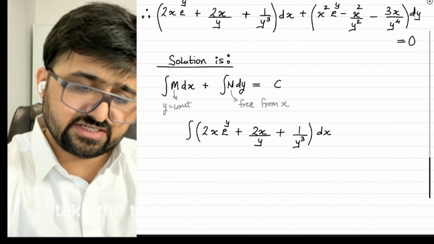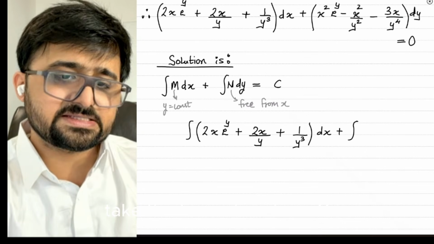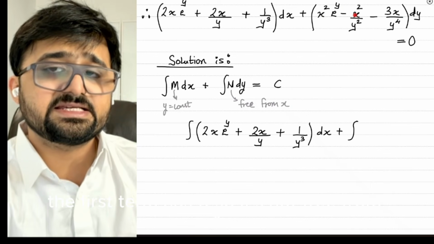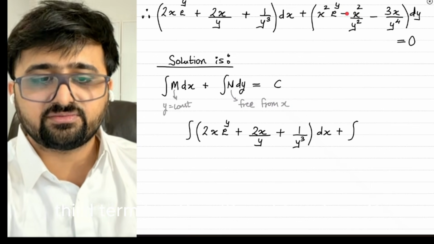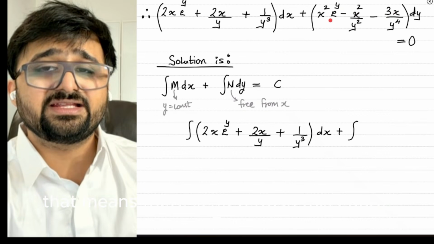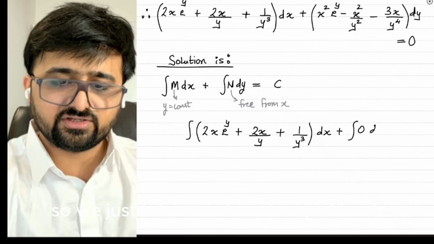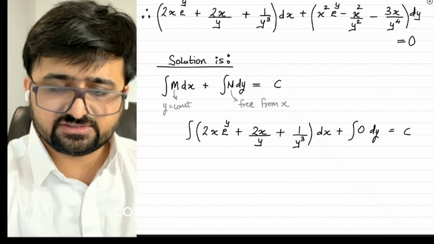Plus integration of only the terms free from x. Is there any term free from x? The first term has x, so it's not free from x. Second term has x, it's not free from x. Third term has x, so it's not free from x. That means there is no term in this entire N which is free from x. So we just take 0 here, is equal to constant of integration c.